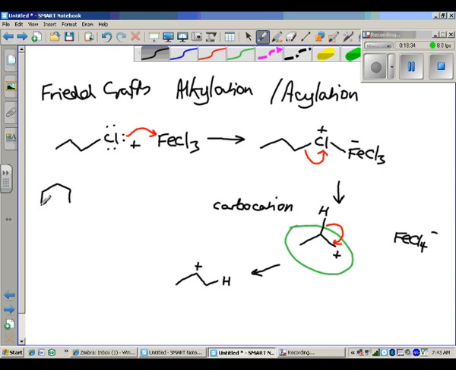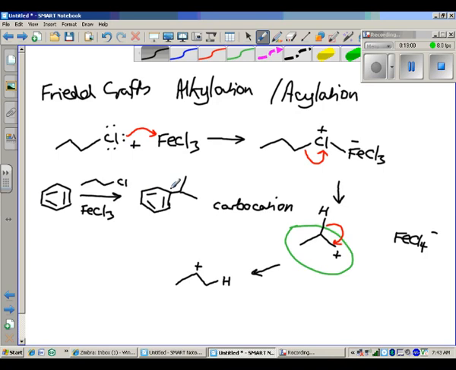So you have to be careful sometimes with this alkylation reaction, simply because of the fact that if I draw this out, so I have my 1-chloropropane, my FeCl3, I have to be careful of the fact that I don't necessarily form the product that I would expect. Because unless I go through the mechanism, I don't know that's necessarily going to rearrange to form this product.